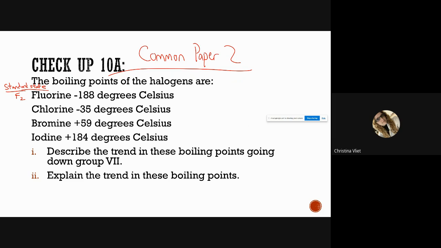Would you agree? You're supposed to know all the halogens are diatomic. They all exist as two. So then the question is, first of all, describe the trend. Look at your command word. What does describe mean? What does describe mean?